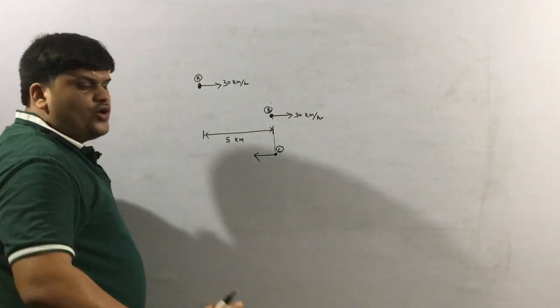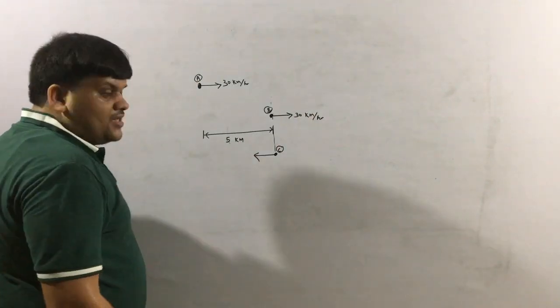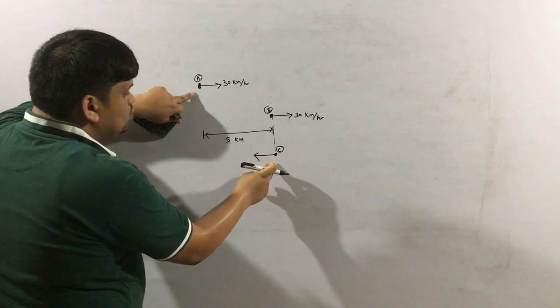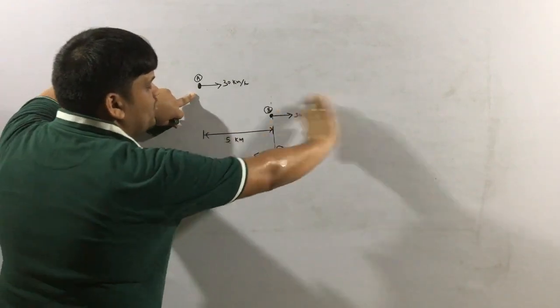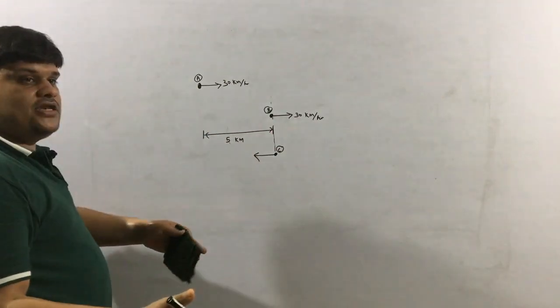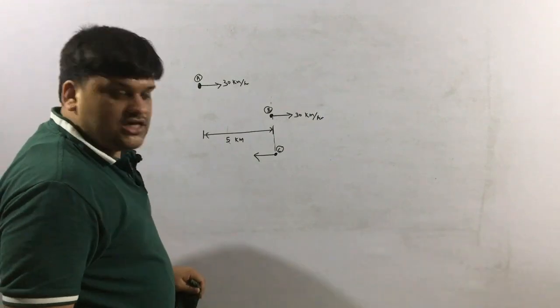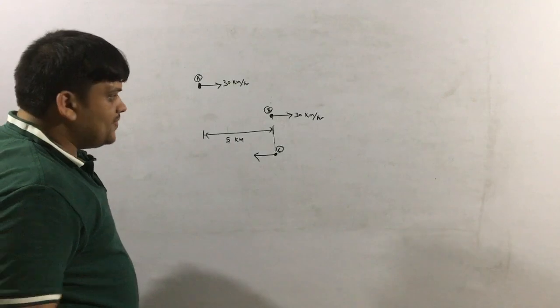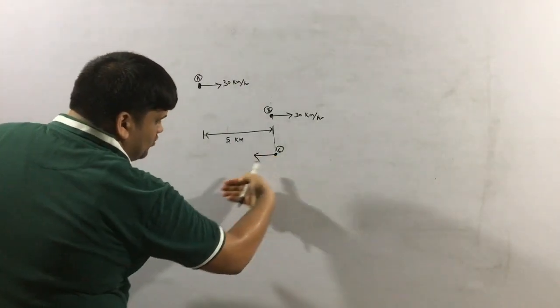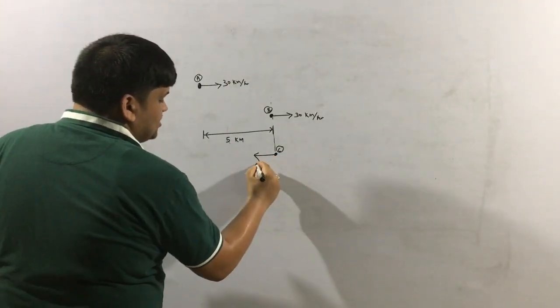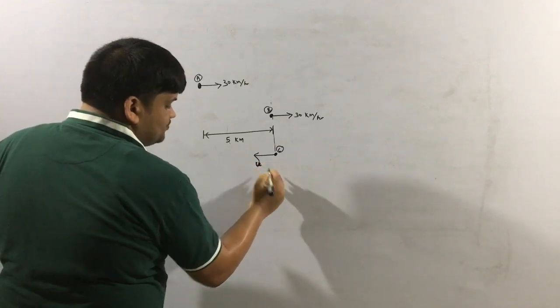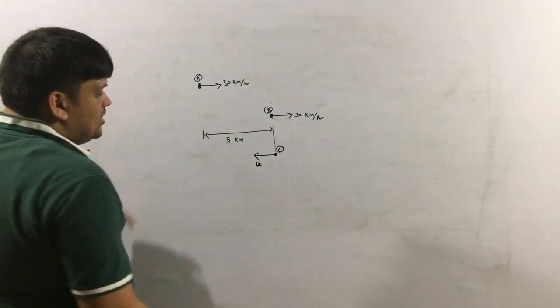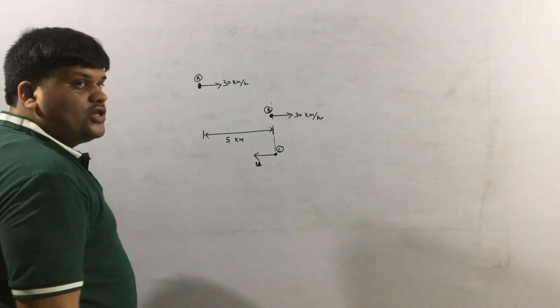So we don't have to do anything with car B. Just these two cars you have to check. So forget about B. I can simply reconstruct the question like this: there is a car A moving along this direction with 30 km per hour. There is a car C moving along this direction with some velocity, let us say U. There is a distance of 5 km between them.